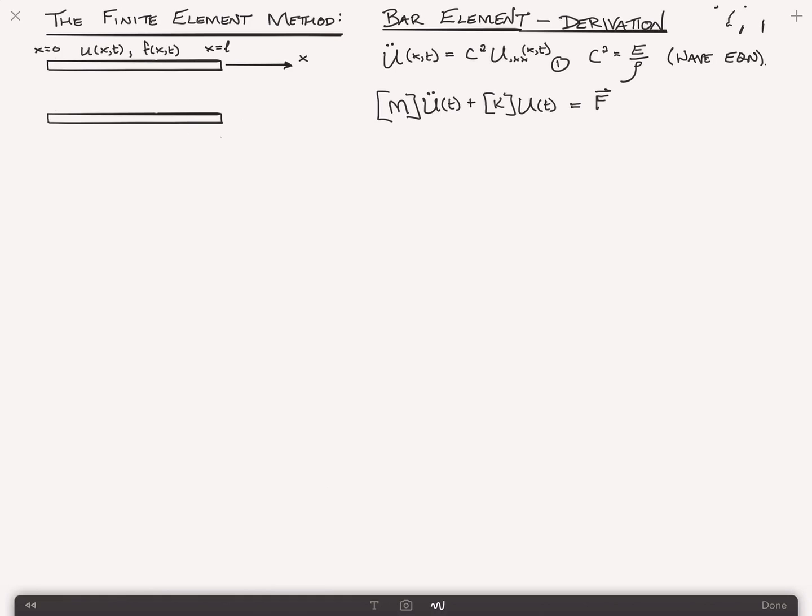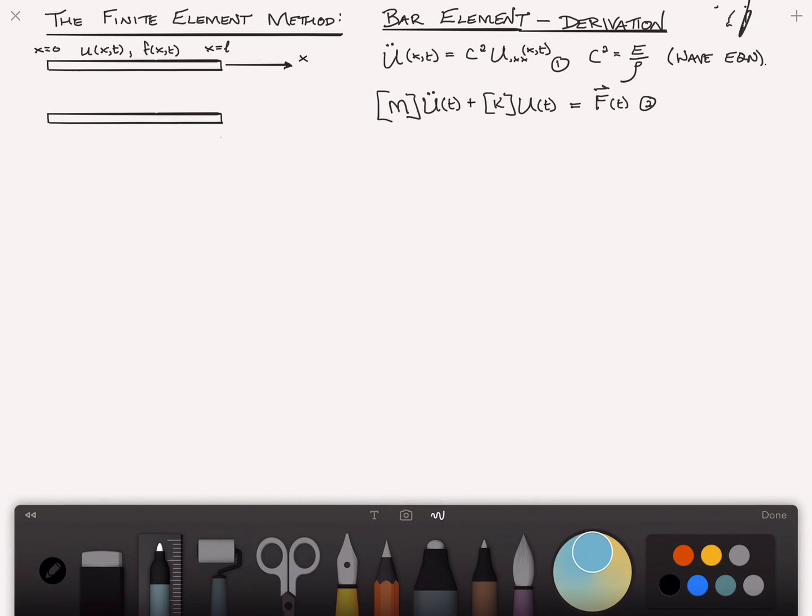I'll do the vector sign there, and we'll call that equation 2. So we'd like to convert something that's in the form of equation 1 into something that looks like equation 2.